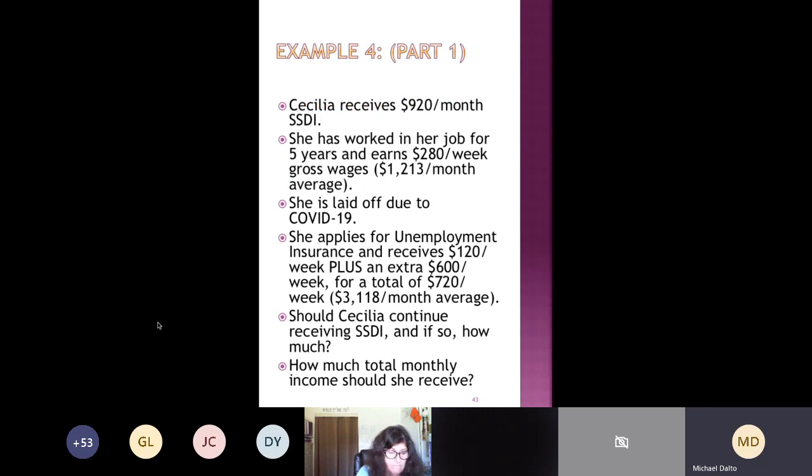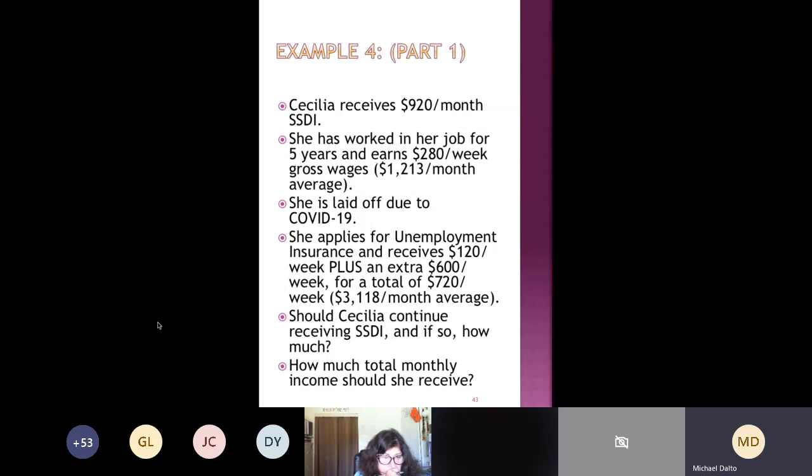And here's an example. Cecilia starts out with $920 a month of Social Security disability insurance, SSDI. She's worked in her job for 5 years, earns $280 a week gross wages, which is $1,213 a month on the average.